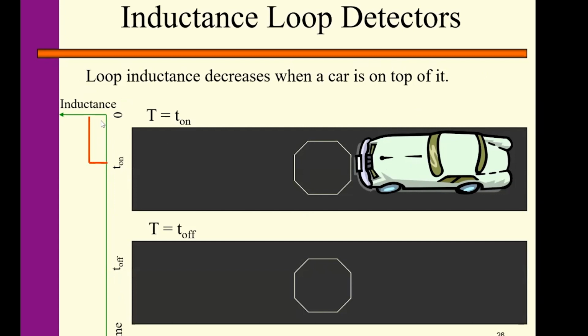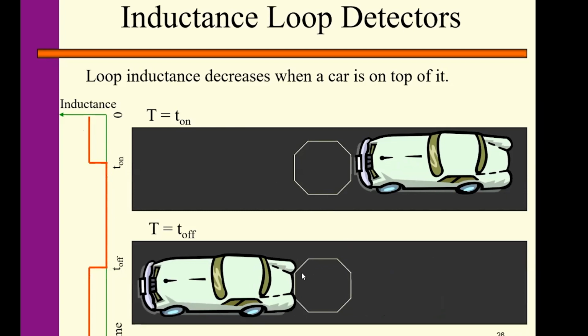So basically, what we observe is, with the sensor deployed, when the vehicle approaches the sensor, this is the regular inductance level. When the front bumper of the vehicle arrives at the sensor, it induces an inductance decrease, until the vehicle's rear bumper passes through the loop and the inductance goes back to its normal level.